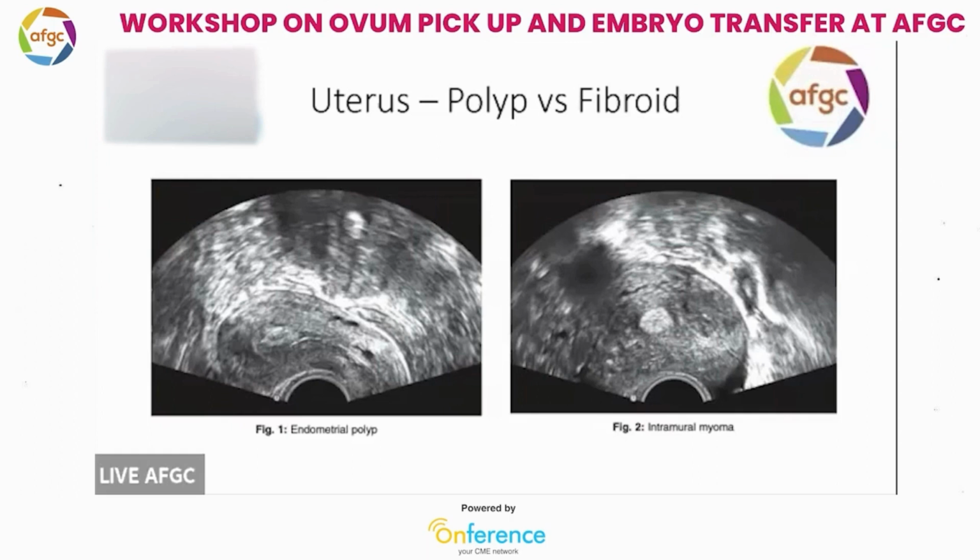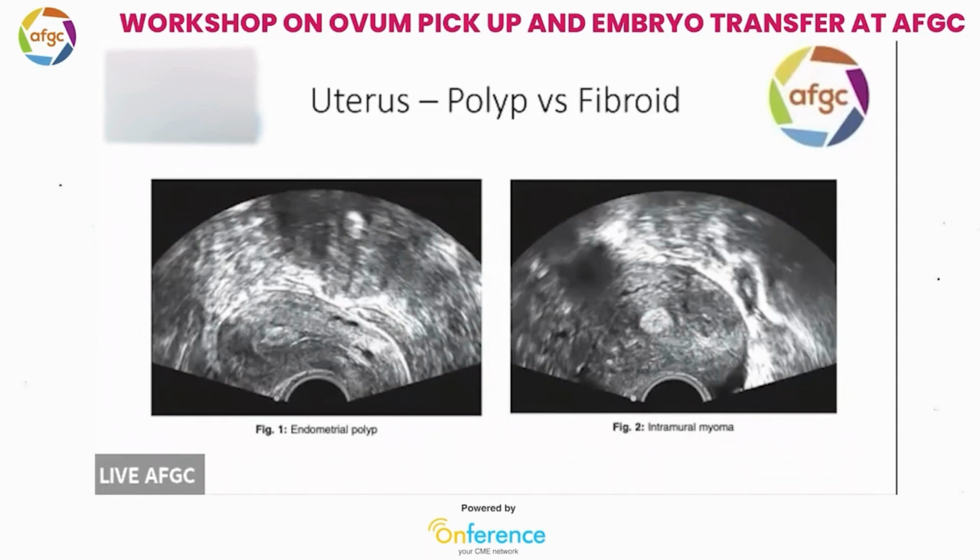However, polyps that are more than 2 centimeters, this is the cutoff usually, need to be removed for fertility treatment.